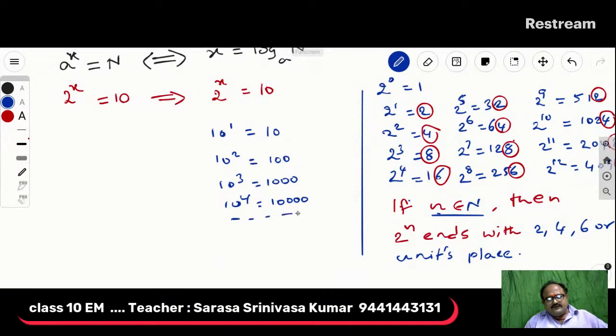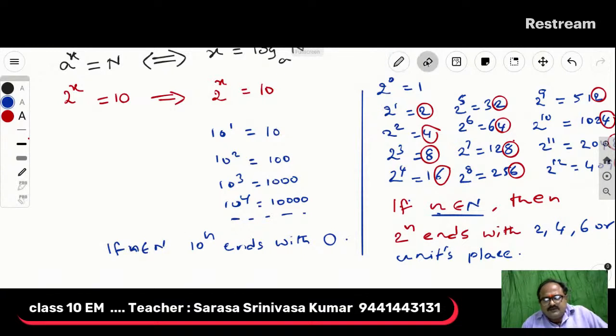So 10 power n ends with 0 if small n is any natural number, then 10 to the power of n ends with the digit 0.